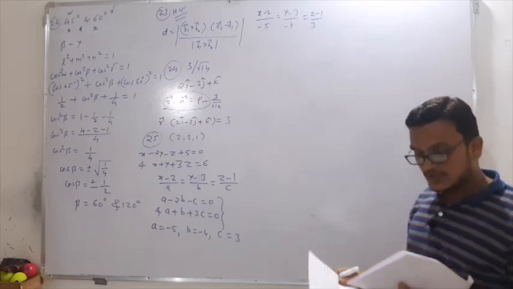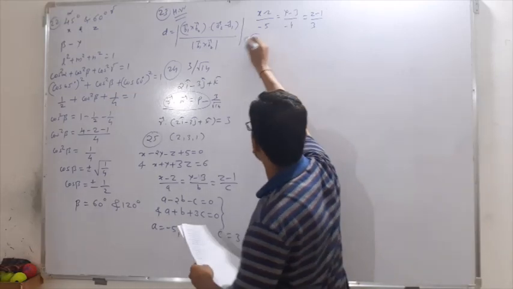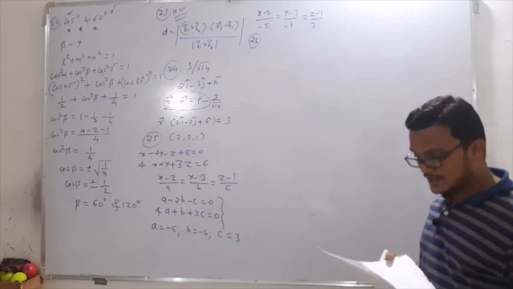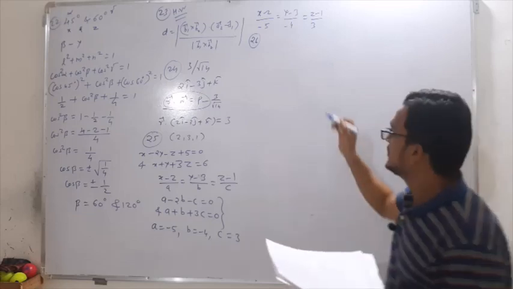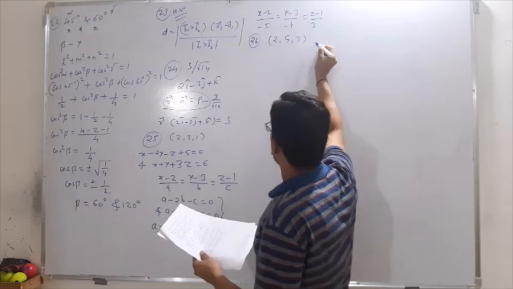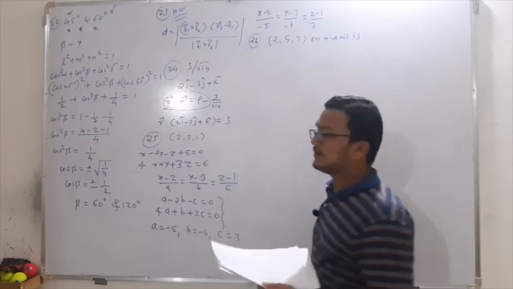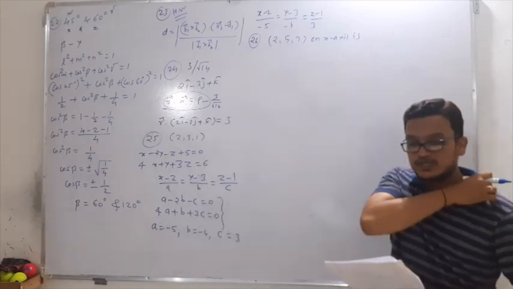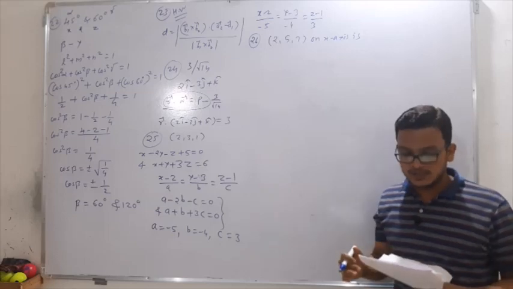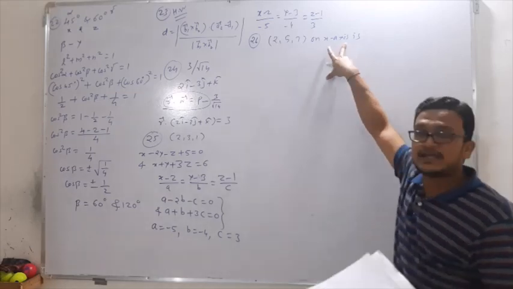The next question, number 26. The coordinates of the foot of perpendicular from the point 2, 5, 7 on the x-axis is. So here we have to find out the coordinates of the foot of the perpendicular from the point 2, 5, 7 on the x-axis.